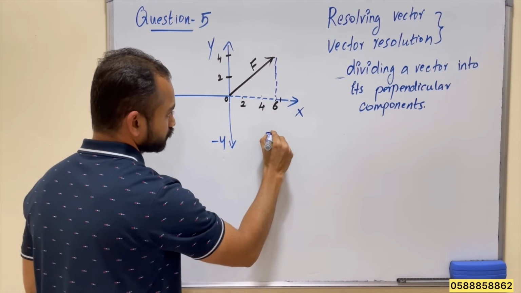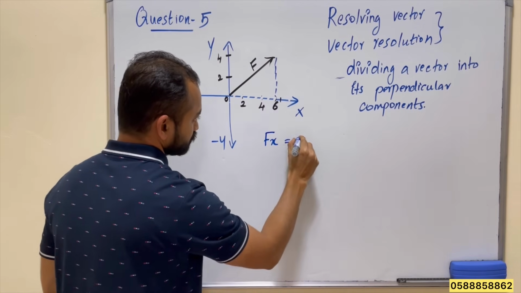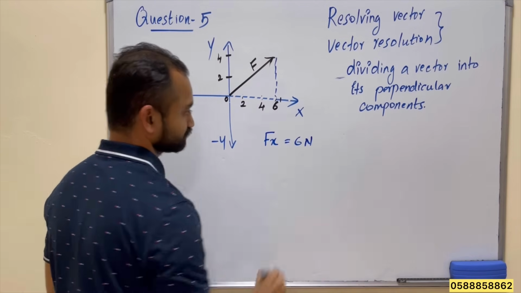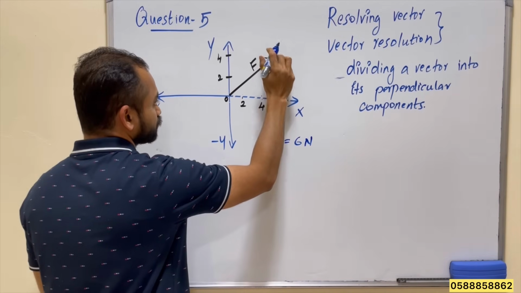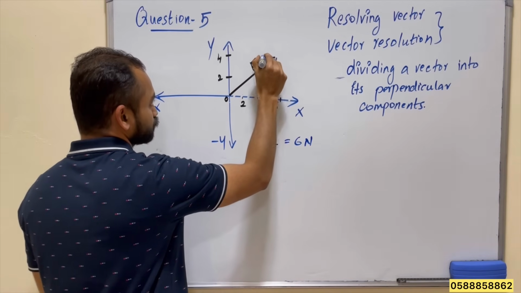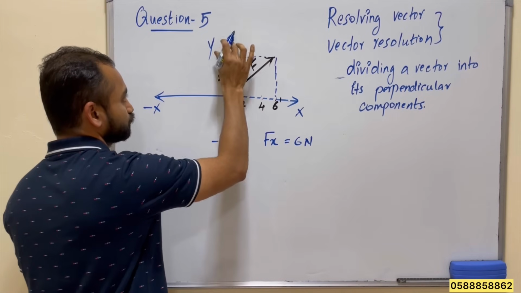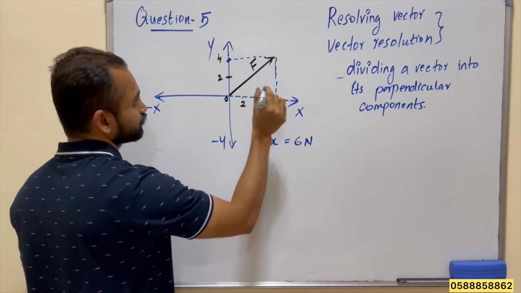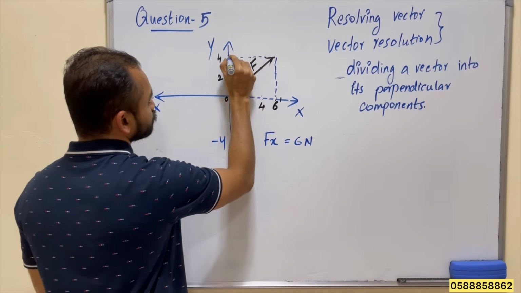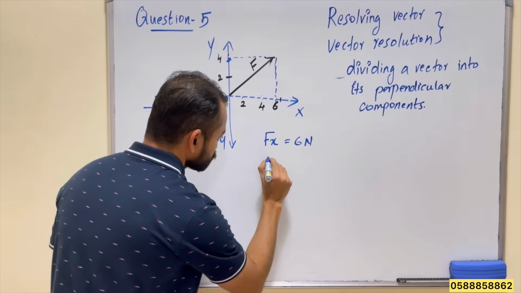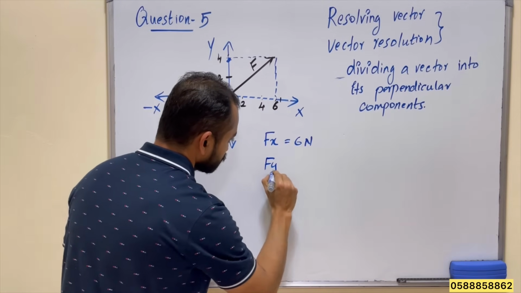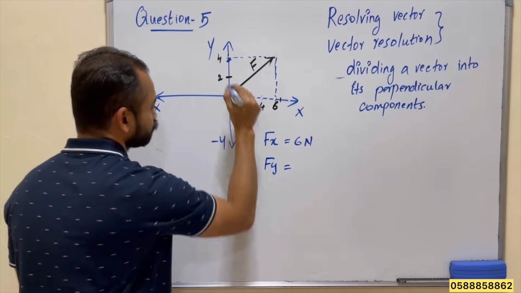X component we will represent by Fx, that is equal to 6 Newton. What is the y component? To know the y component, from here go to the y-axis. 4, we will make it here, 4. Go to the y-axis, so you will get the y component. So how much is Fy? Fy is equal to 4.